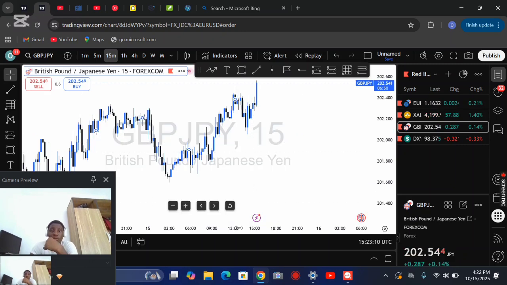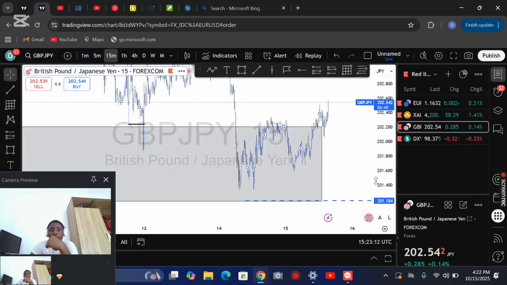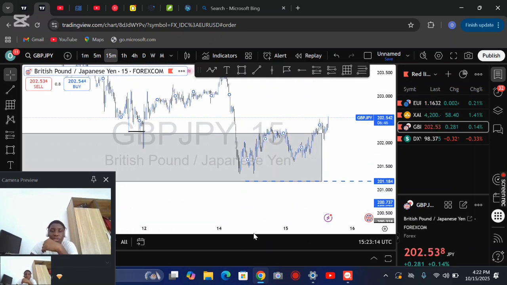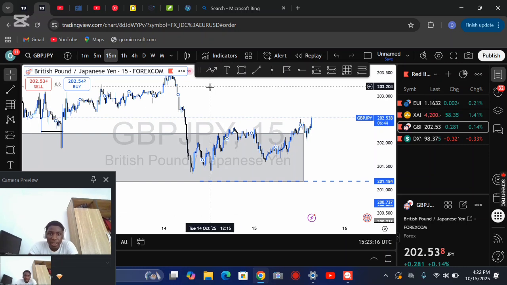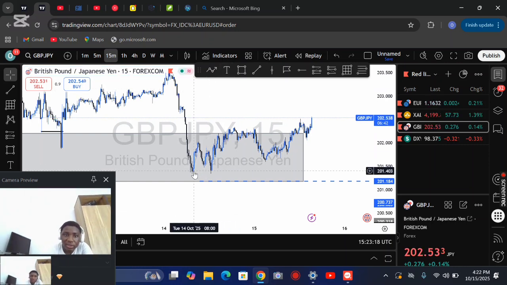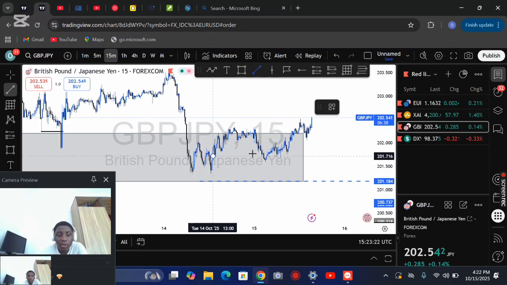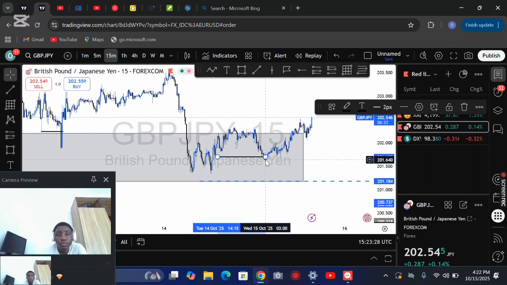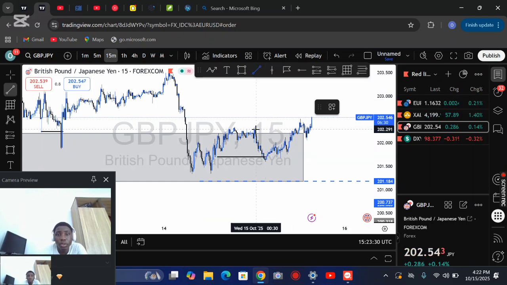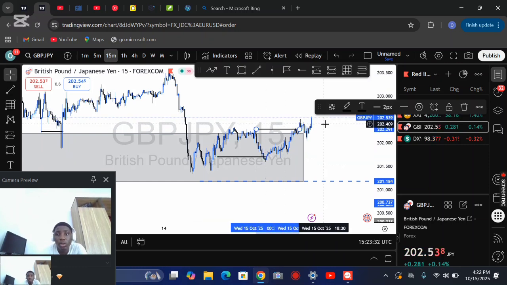Let's see my GG pair also. I don't think GG is bullish here. Not really. Yes, it has come down and took out the low right here, which is what I wanted to see. It created a break of structure to the upside.